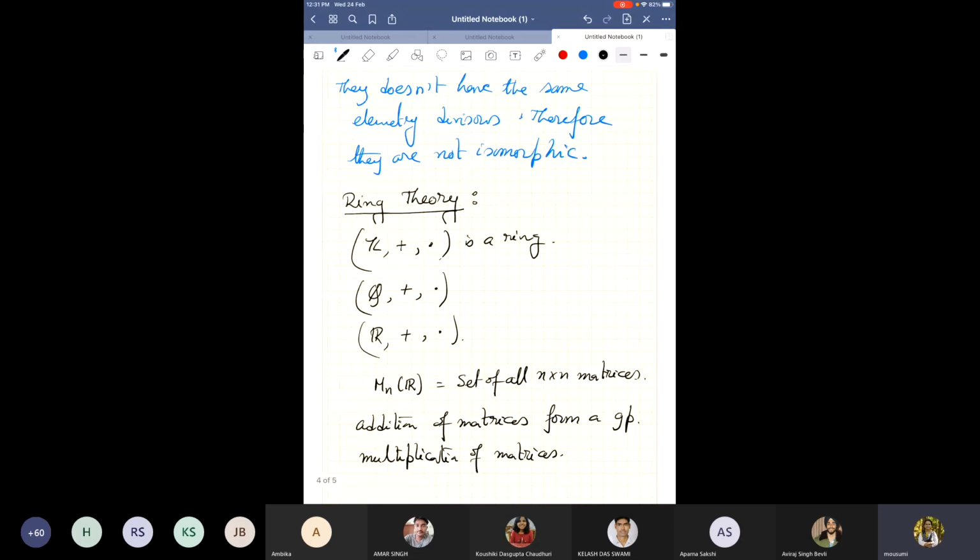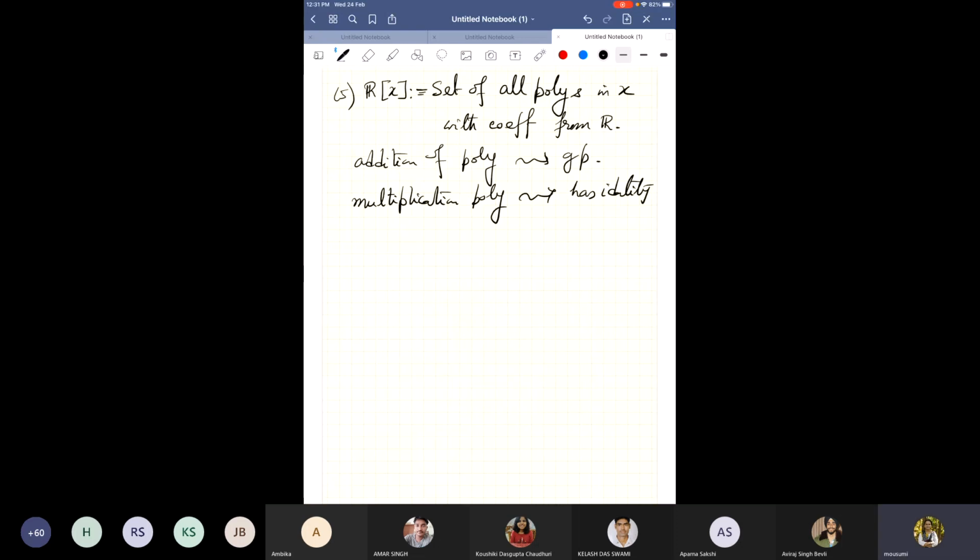So now you have seen all these things that I have said, let us consider one more. Let me just number them. Let us consider C(R) to be all f from R to R, all functions from R to R such that f is continuous. So I'm considering all the continuous functions from the real line to the real line.